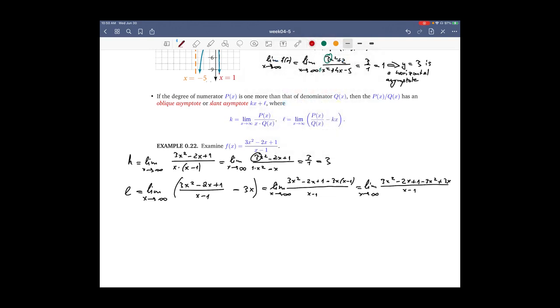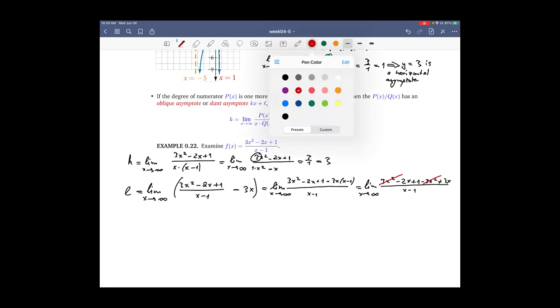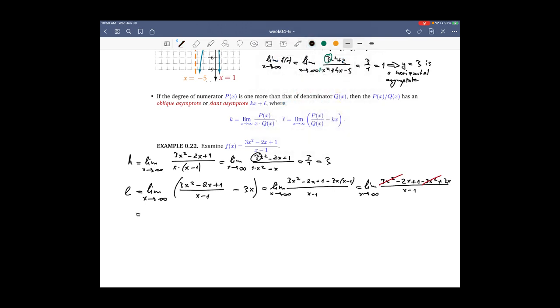We see that 3x squared and negative 3x squared cancel out. And when we combine the like terms, we have 3x minus 2x. That's x. The free term is 1.